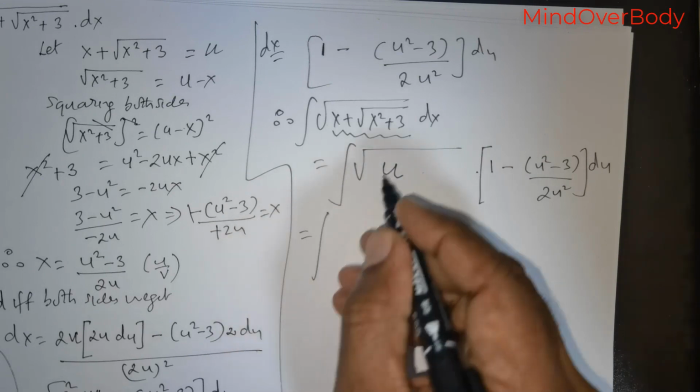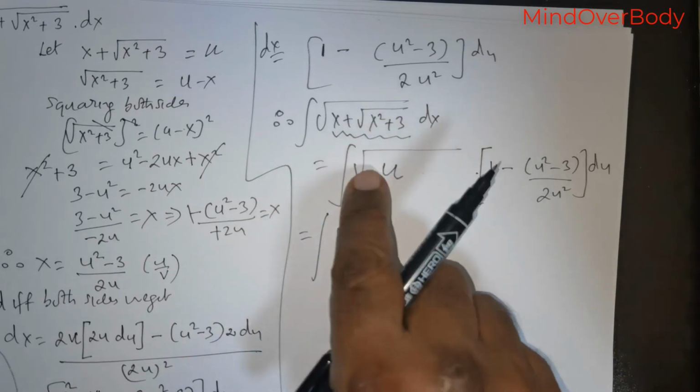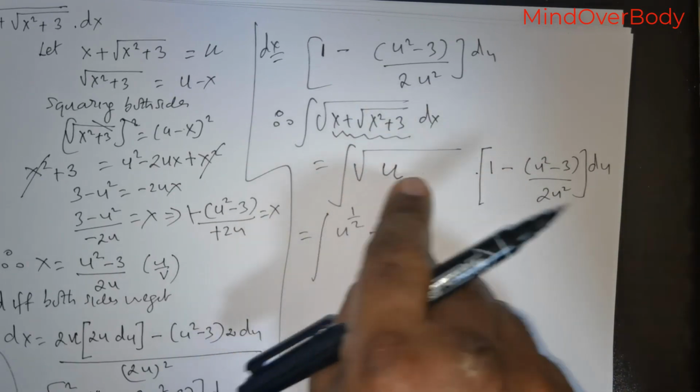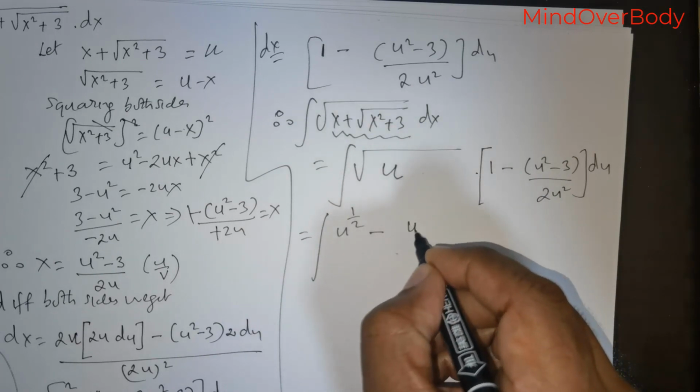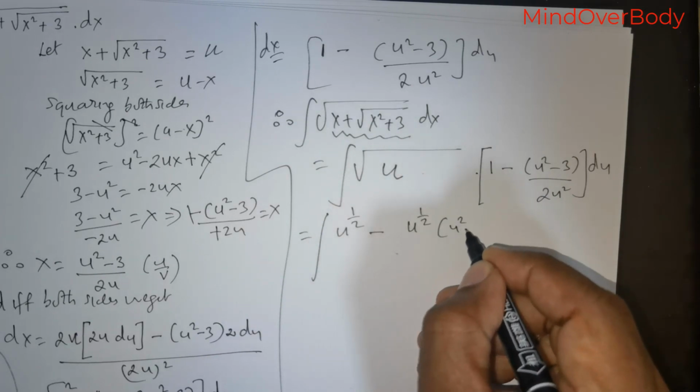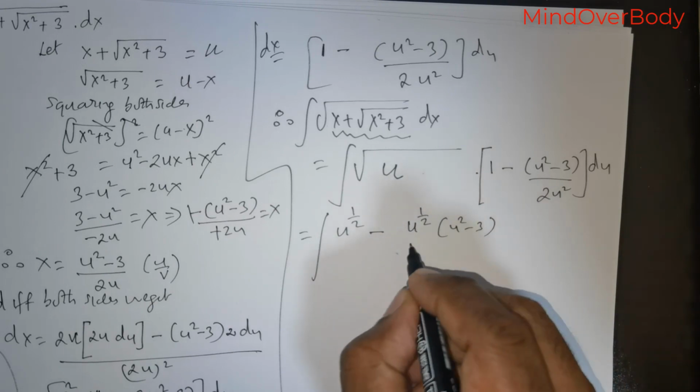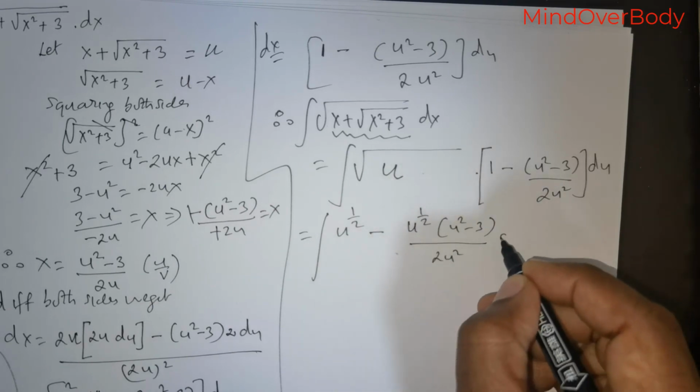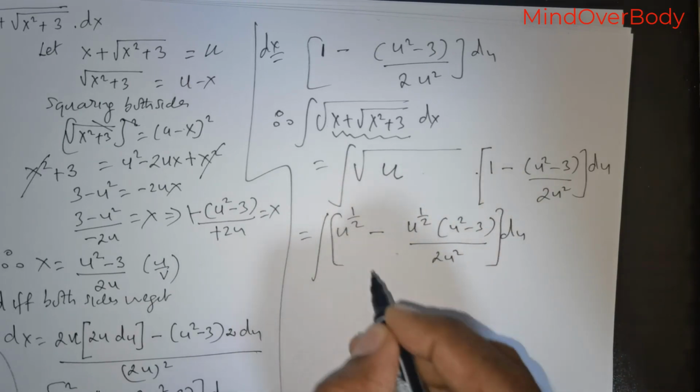So this is going to be u raised to the power of 1 over 2, I'm just distributing the value, times 1 minus u squared minus 3 divided by 2 times u squared times du. So this is what you've got.